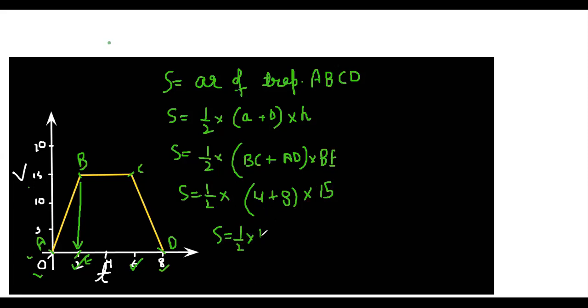4 plus 8 is what? It is 12. Multiply by height 15. So 2 ones are 2, 6 are 12. Okay. So 6 multiplied by 15 is what? 90 meter.